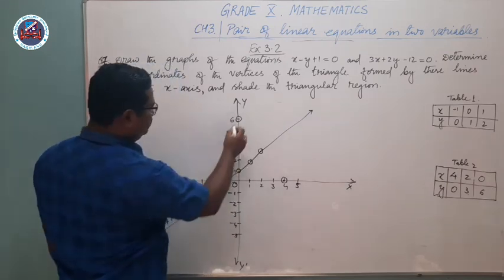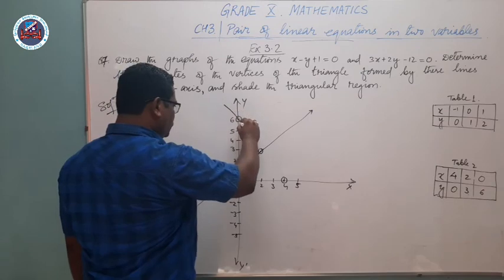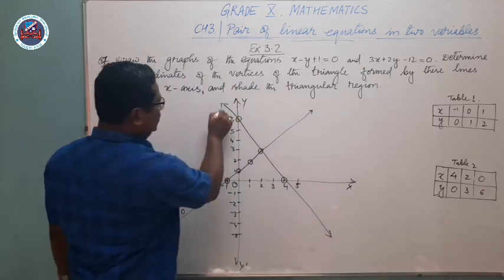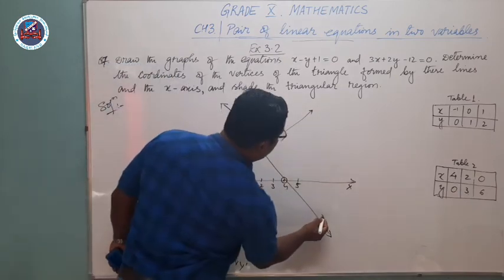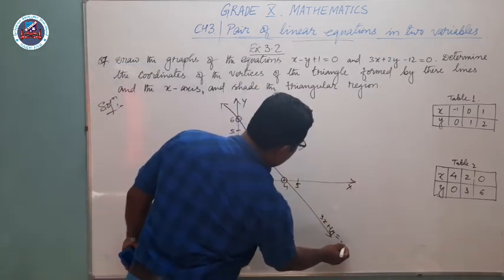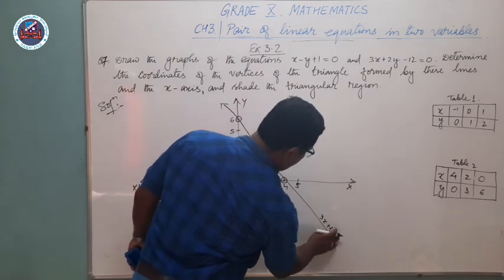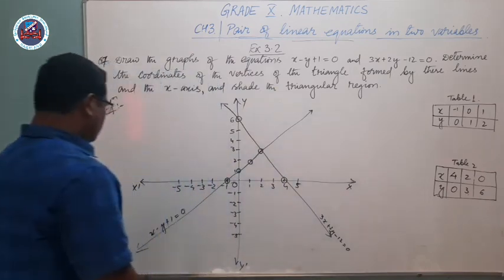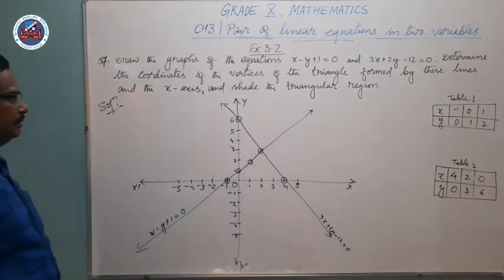Here also you join the points and draw the straight line. This is for the second equation, that is 3x plus 2y minus 12 equal to 0. This is for the second graph.